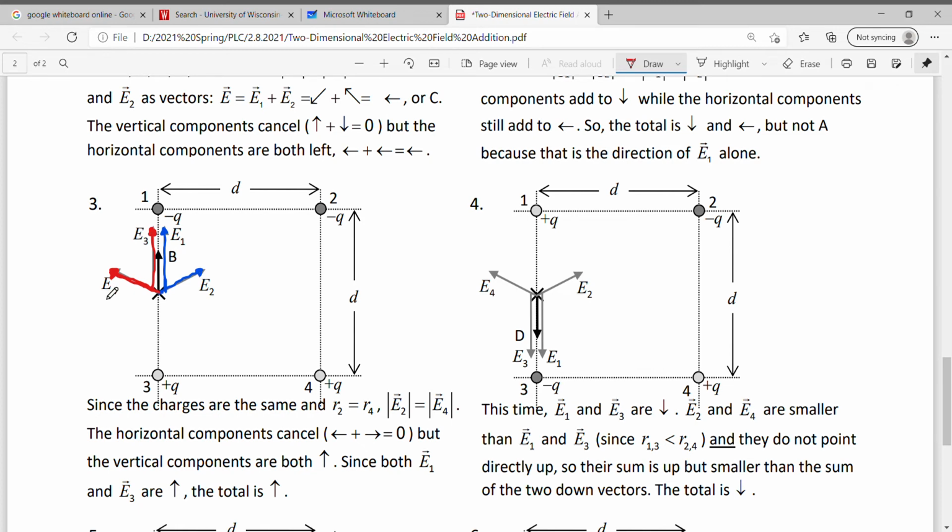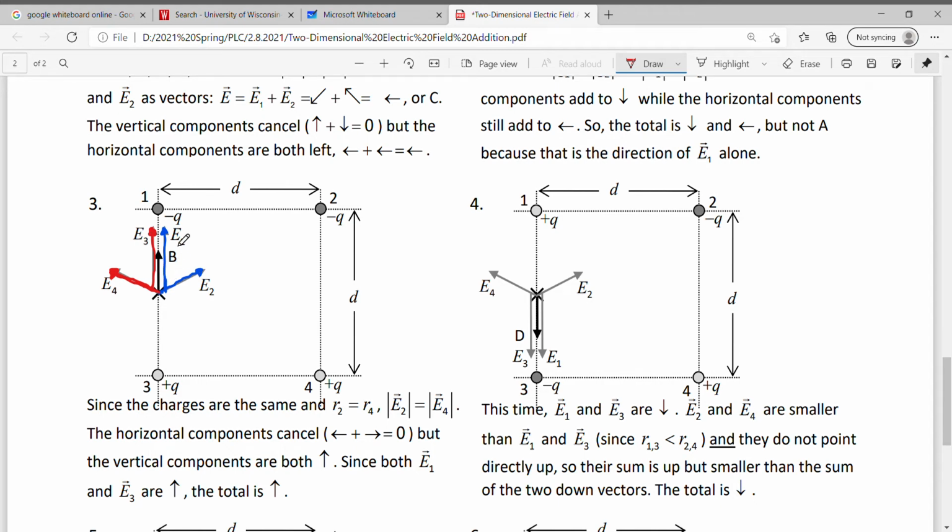We can add E4 and E2, group them as one and do the addition first, and then add up E3 and E1, and then add the sum of E2 and E4 with the sum of E1 and E3. Okay.